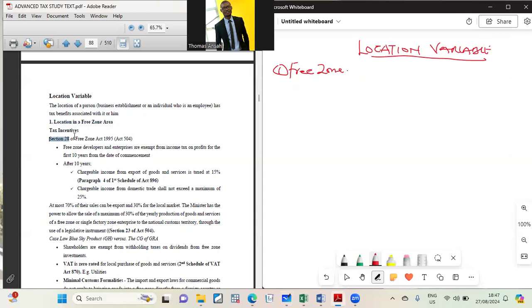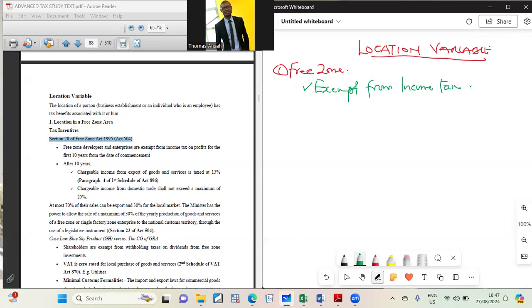Now, Section 28 of the Free Zone Act says that the free zone developer and the enterprises are exempt from income tax for 10 years. Please, the word is income tax, not tax. So don't say free zone does not pay tax.